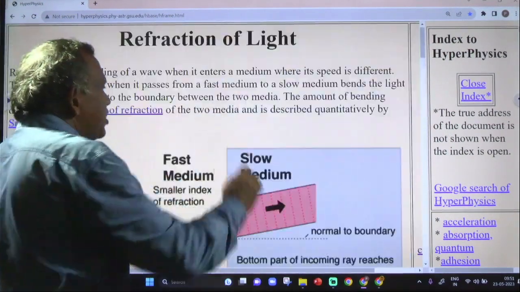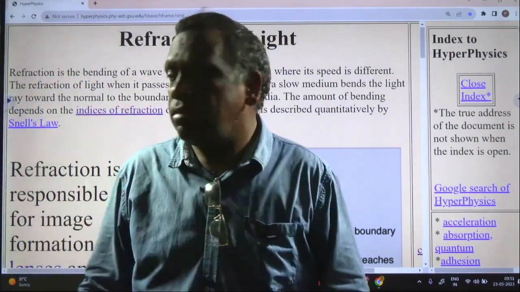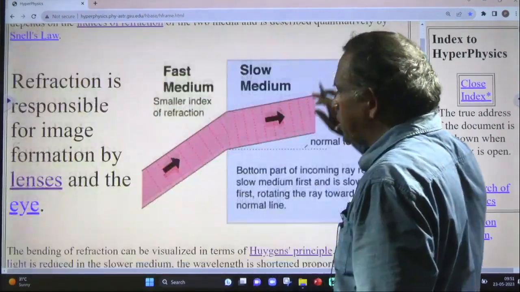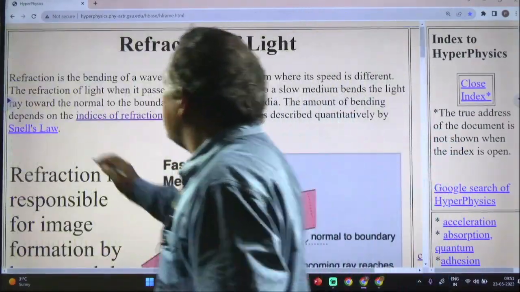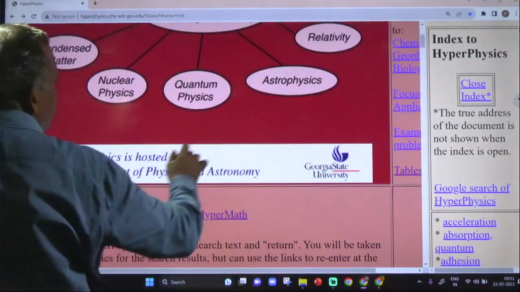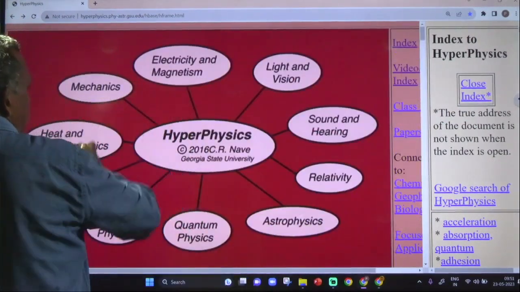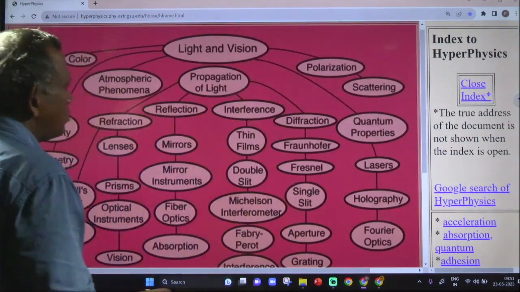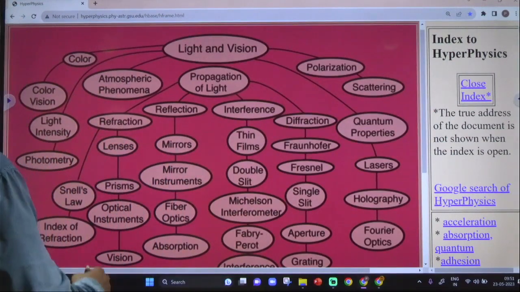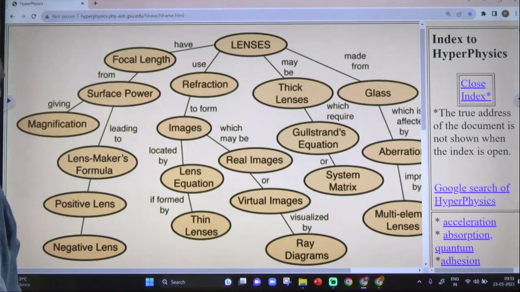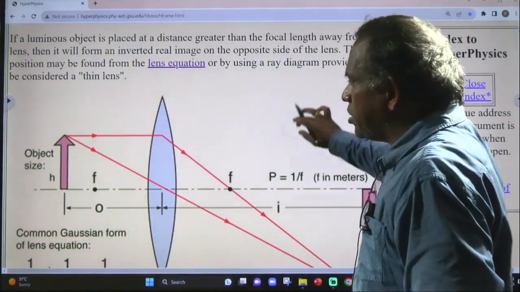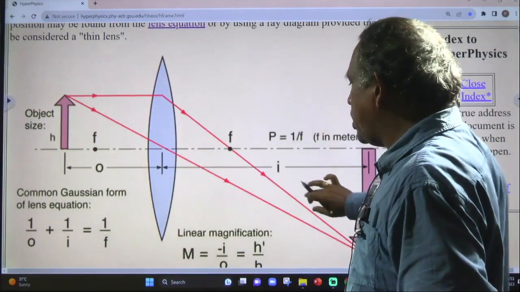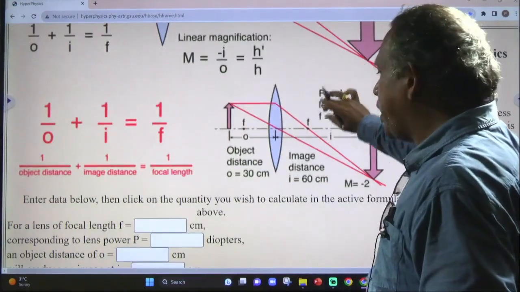Now the refraction of light in the lenses: how the refraction takes place. There are positive lenses and negative lenses. A positive lens is the convex lens, and the concave lens is taken as negative.